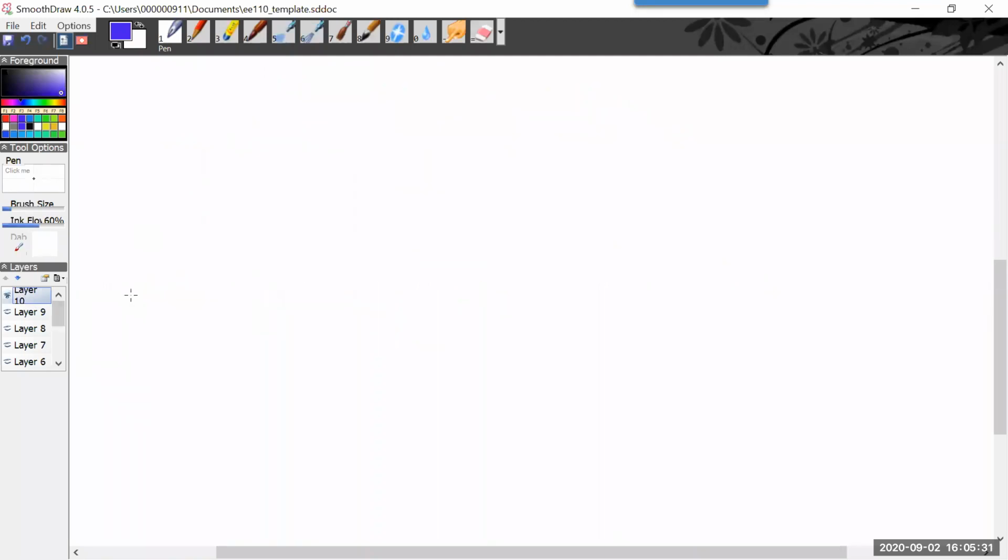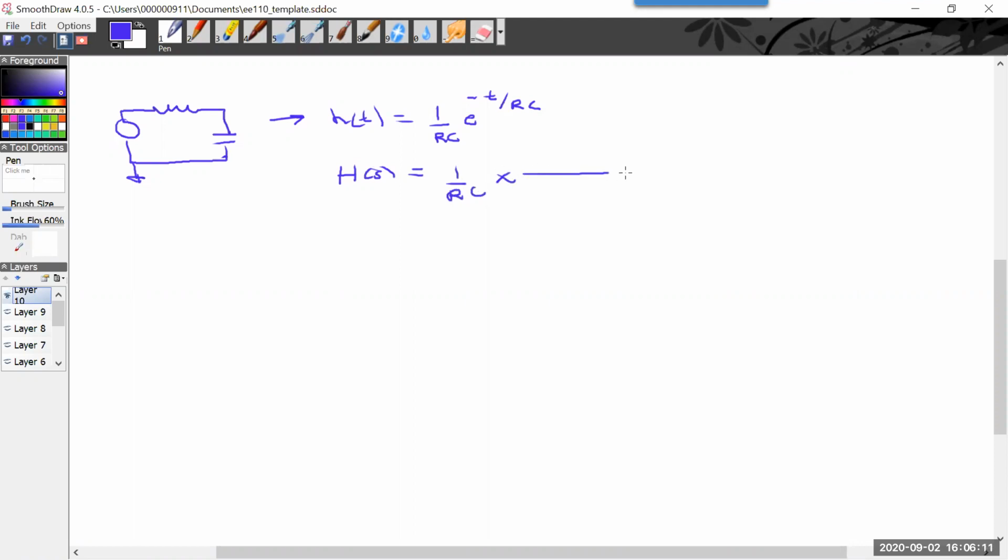All right. Now, this is something we call h of t equals, in the frequency domain or the S-plane, we have that because we're taking it off of node 2.